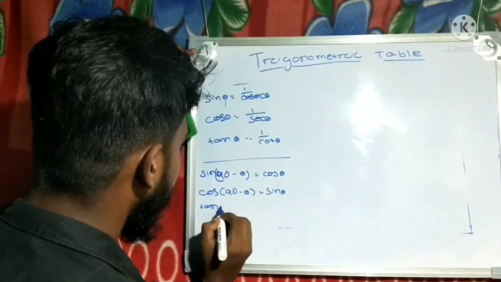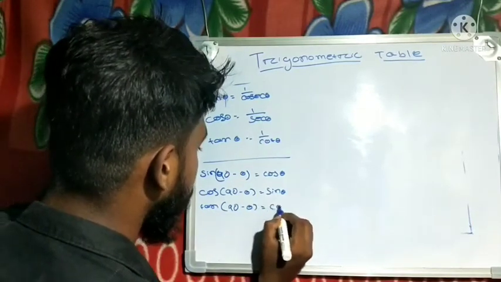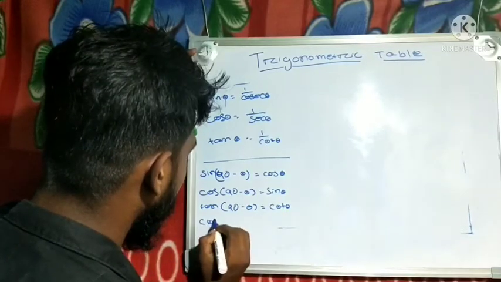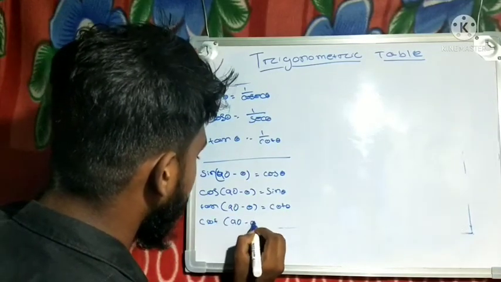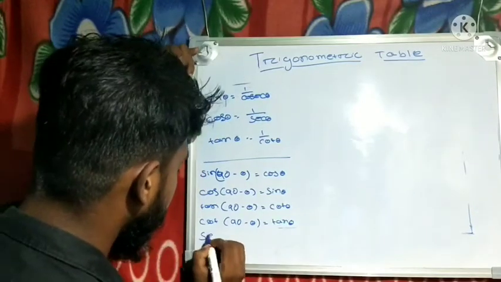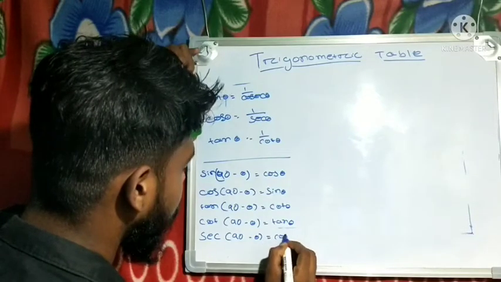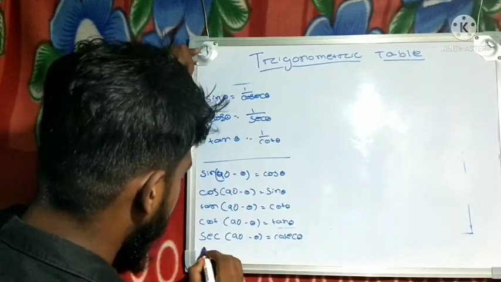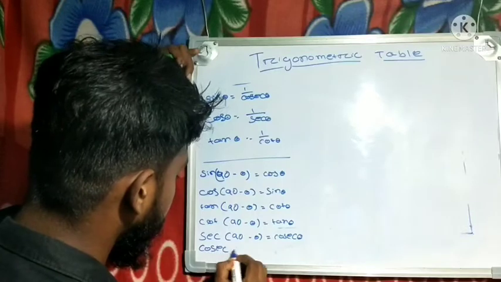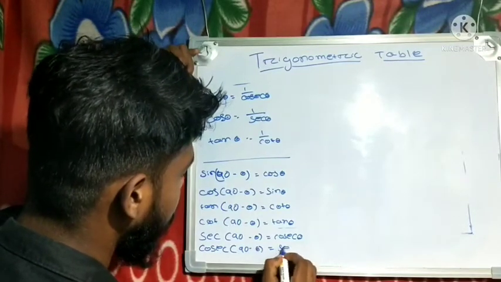In that way, tan 90 minus theta is equal to cot theta, and cot 90 minus theta is equal to tan theta. Sec 90 minus theta is equal to cosec theta, and cosec 90 minus theta is equal to sec theta.